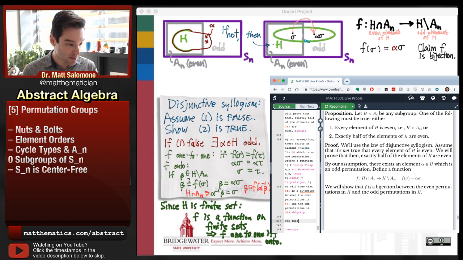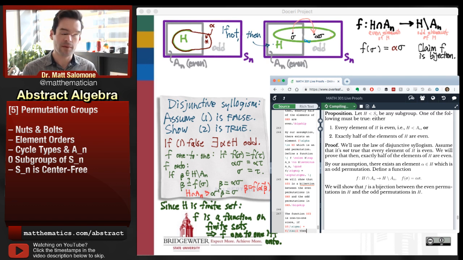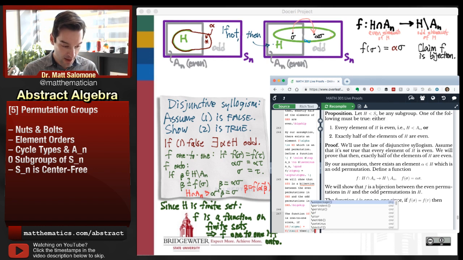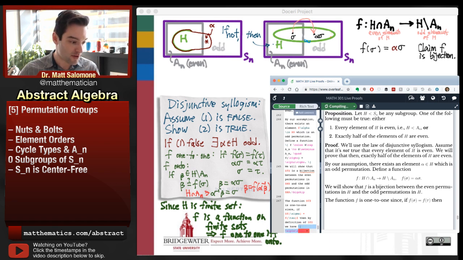So the function f is 1-to-1, since if f of sigma is equal to f of tau, then alpha sigma is equal to alpha tau, by definition of my function. So I'll say here, by definition of f, we have alpha sigma is equal to alpha tau.